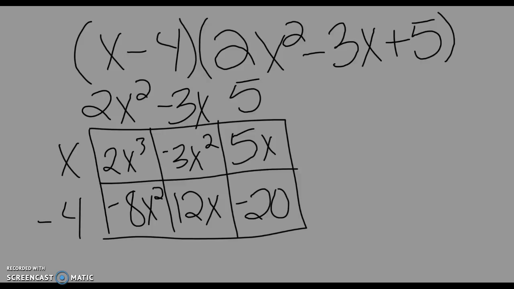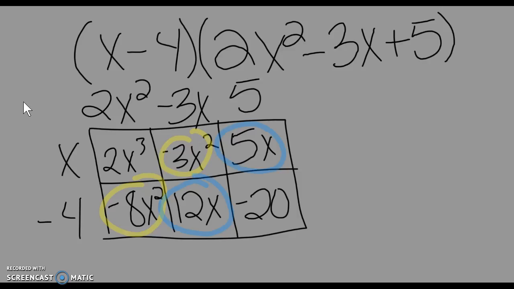and we definitely have some like terms in here, so it looks like we've got a negative 3x squared and a negative 8x squared, and then we also have positive 5x, positive 12x.